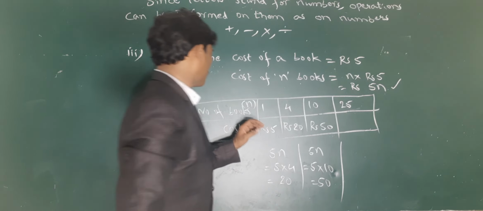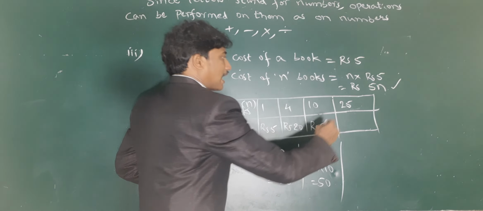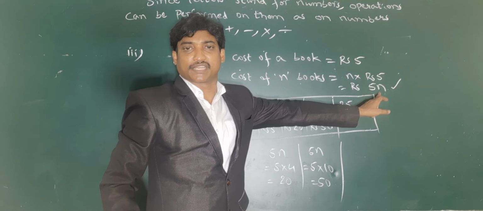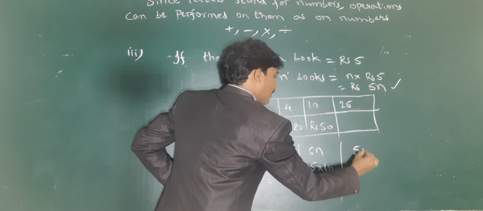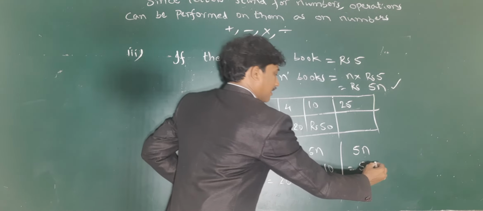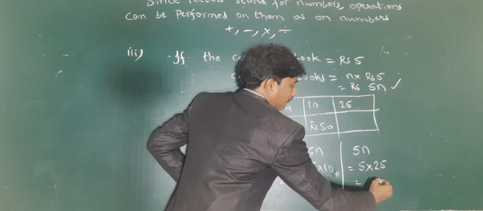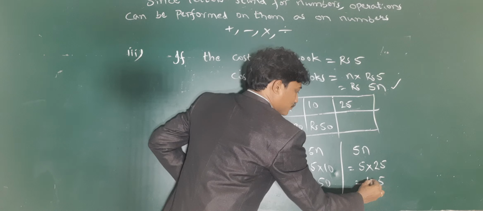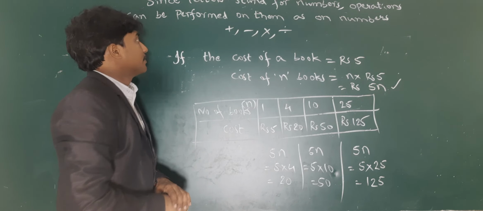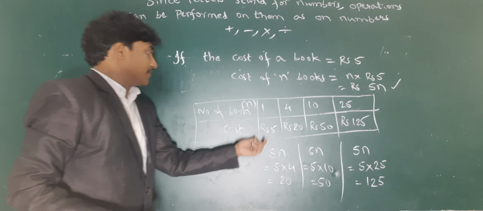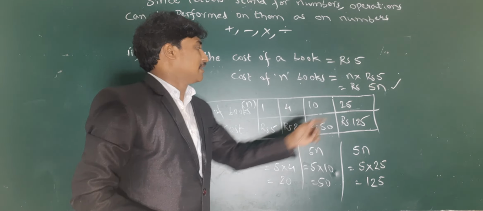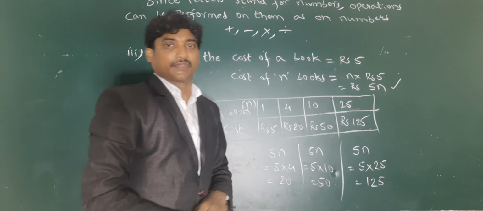Whereas for the cost of 25 books, we have the expression 5n rupees. That is 5 into the number of books, n, which is 25. 5 into 25 is 125 rupees. So based on this expression, we can find the cost of the required number of books in various cases.